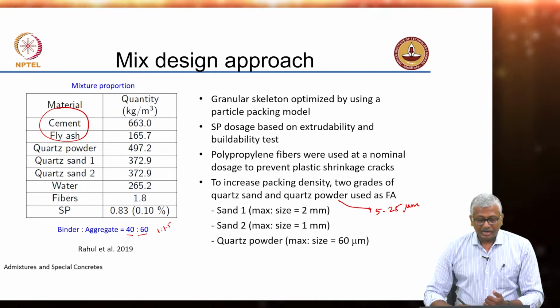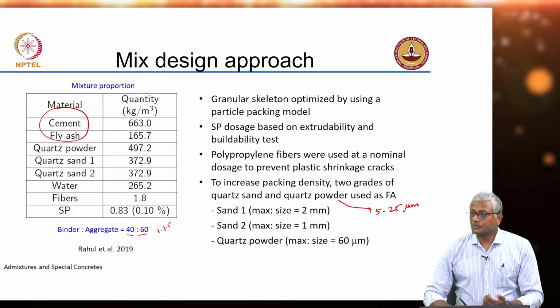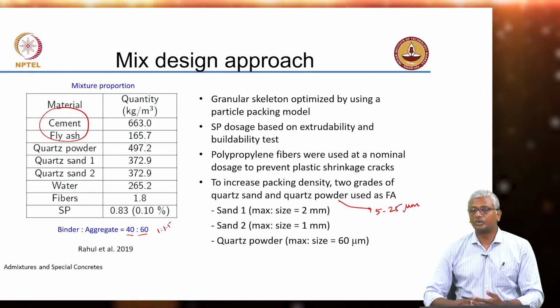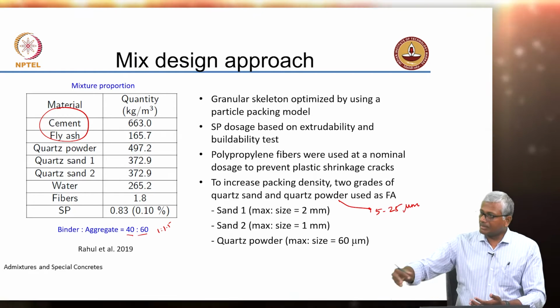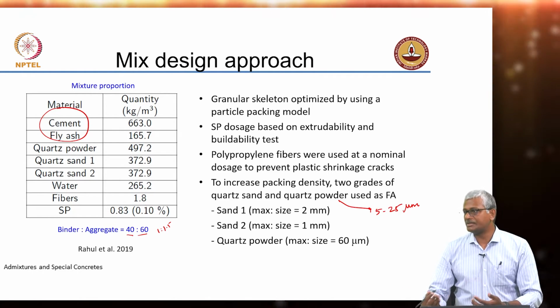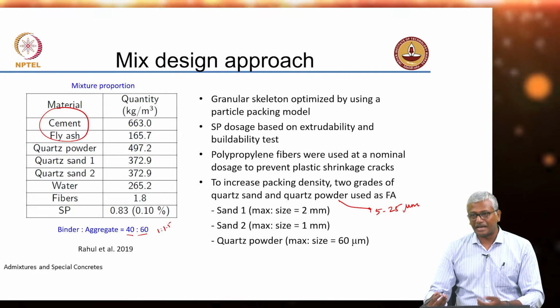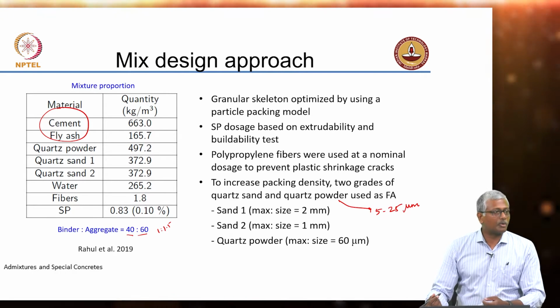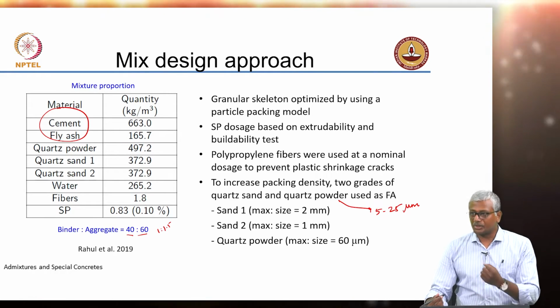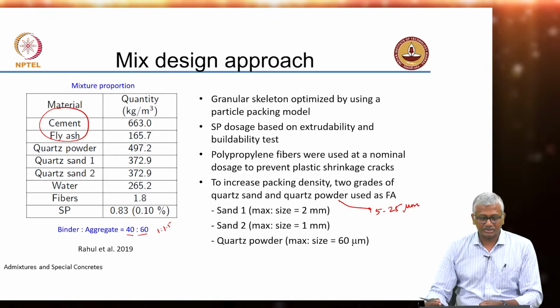Polypropylene fibers were used because you have to lay this concrete in the open. So there is obviously a great danger of plastic shrinkage because early drying can happen from the surface, and polypropylene fibers will have a tendency to reduce the extent of drying shrinkage.